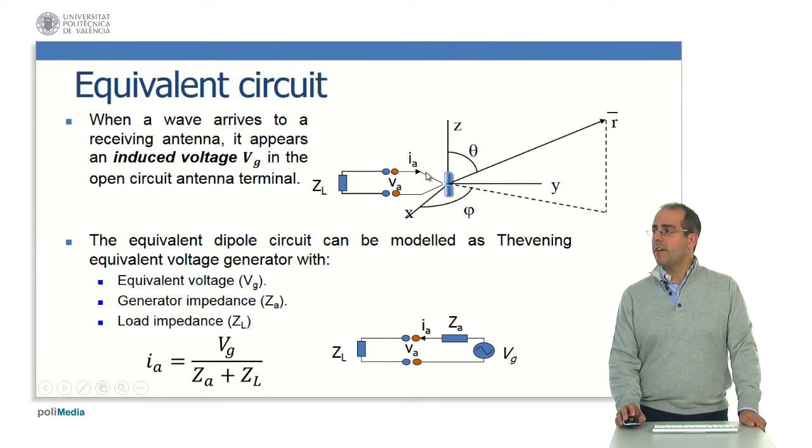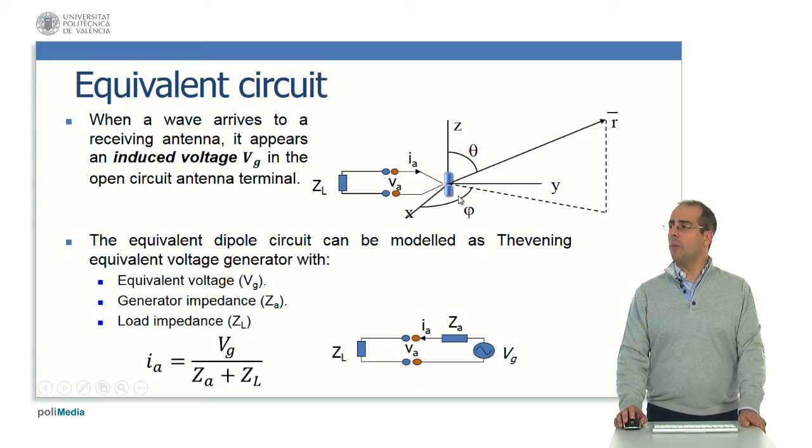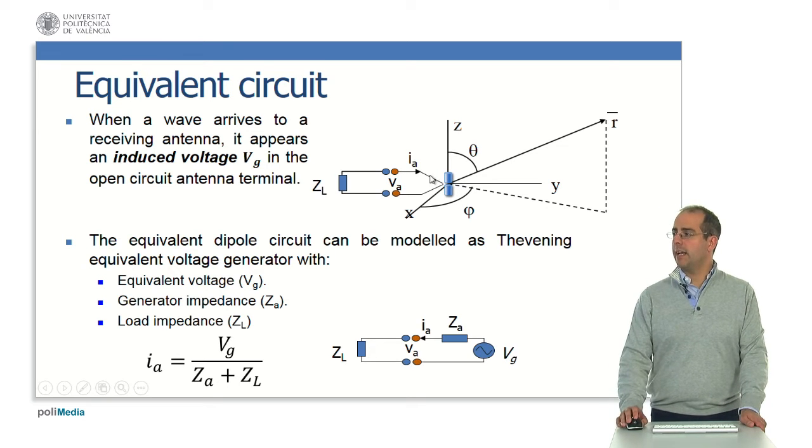So when a wave arrives at a receiving antenna, here we have our receiving antenna, an induced voltage appears in the open circuit antenna terminal. The equivalent dipole circuit can be modeled as a Thevenin equivalent voltage generator.